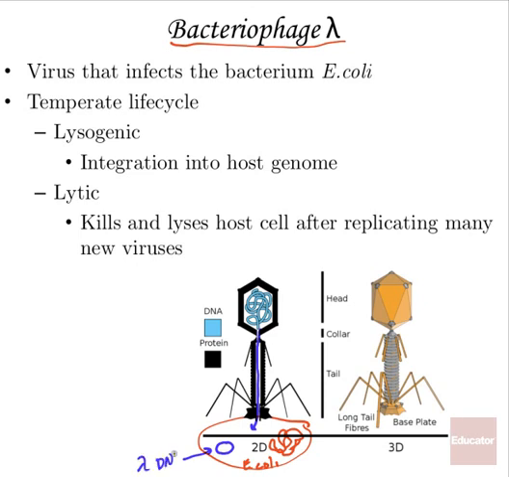DNA. There are two things that can be done. Either this DNA can integrate into the host genome, becoming one with the E. coli DNA, and it can just stay there dormant or silent, kind of just outside of view.